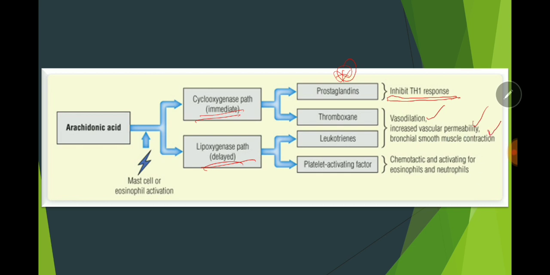Make sure you remember that. The leukotrienes also cause bronchial smooth muscle contraction. Thromboxane causes bronchial smooth muscle contraction. The platelet activating factor is very good for chemotaxis and activation of neutrophils and eosinophils.